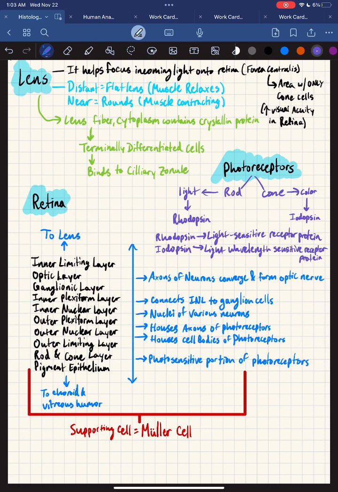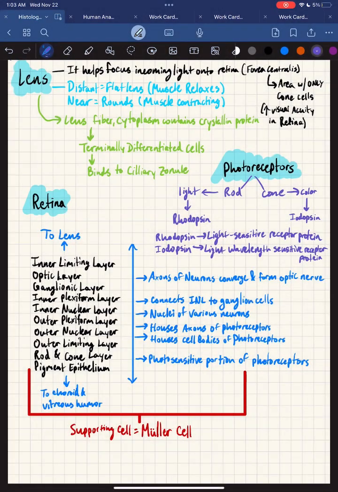Difference is, when rhodopsin gets activated, it's light sensitive. It detects the intensity of the light that is hitting its receptors. Whereas iodopsin, we see color in wavelengths.